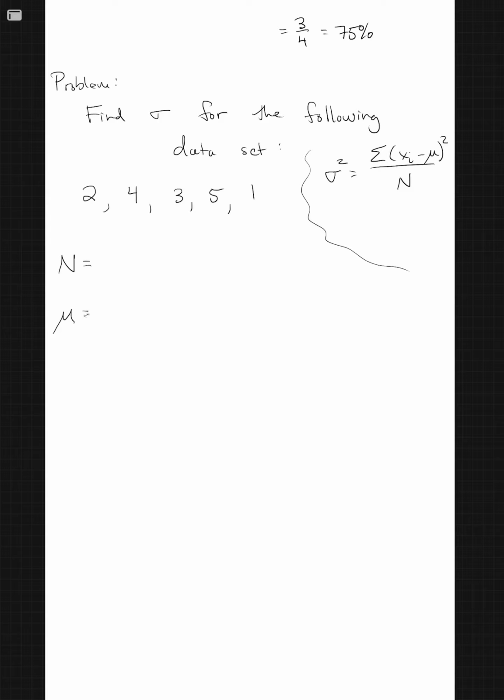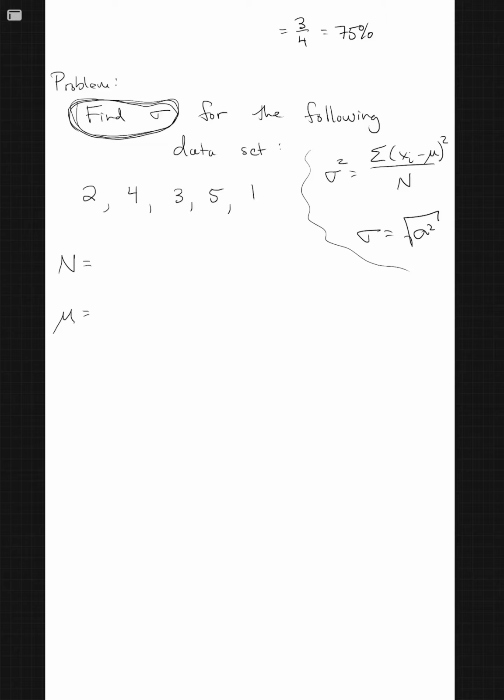Then we're going to be able to find what sigma squared is, and then we're going to be able to find what sigma is, right? So there's a lot of hidden steps in this statement right here, right? Because the formula for sigma involves taking the square root of sigma squared. The formula for sigma squared involves knowing what mu is, and then the formula of mu we can figure out, right?